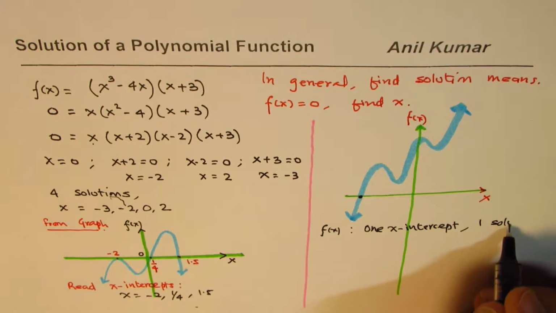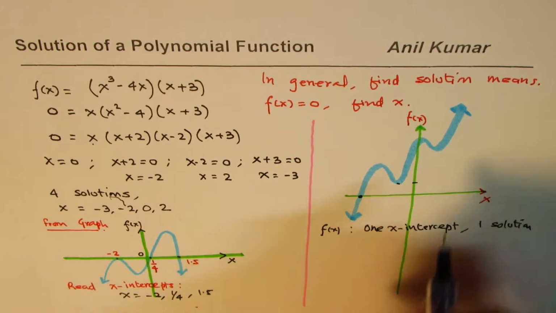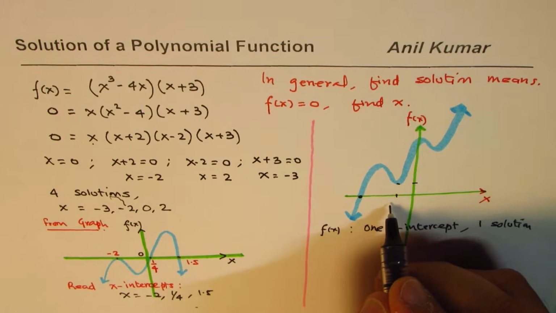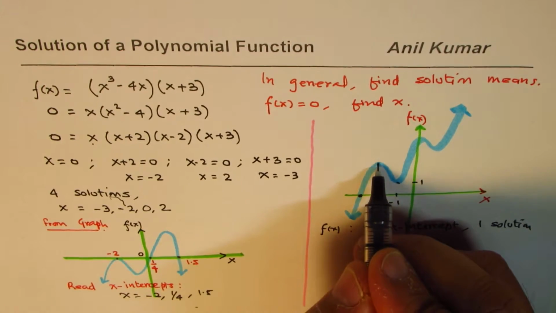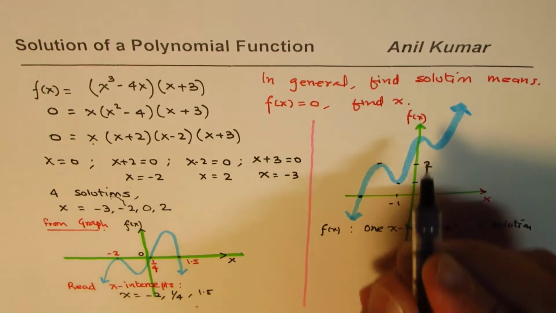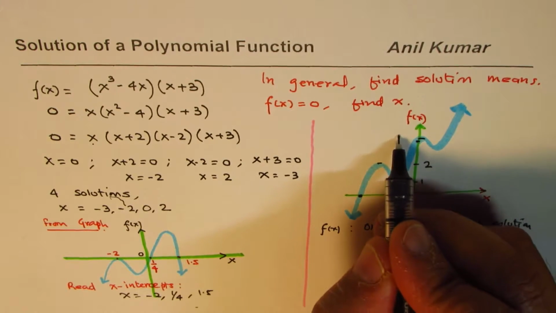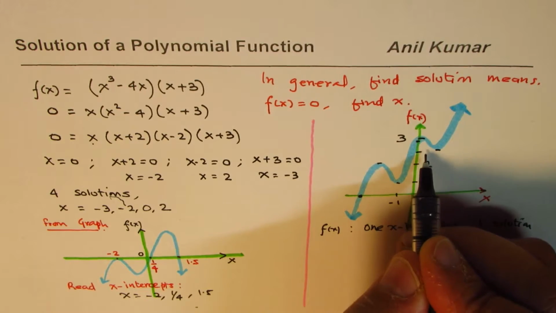Let's write down a few numbers here. Let's say this turning point is at x equals minus 1, y equals, let's say, 1. This turning point, let's say, is at 2. And this intercept, or the turning point, let it be at 3 for easy calculation. And let's say this turning point is at 2.5.